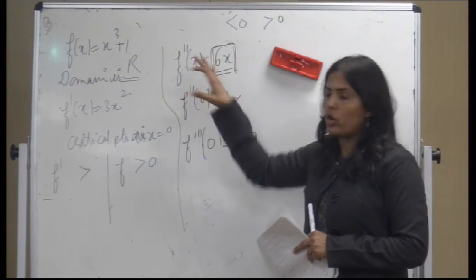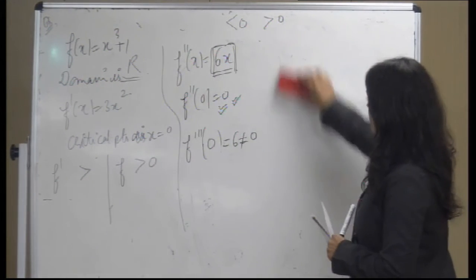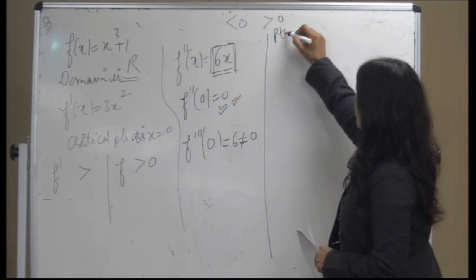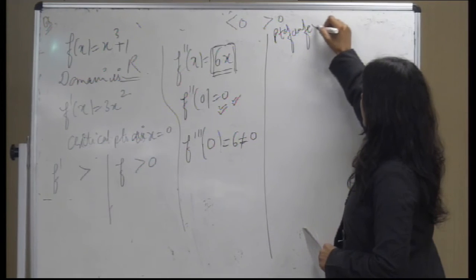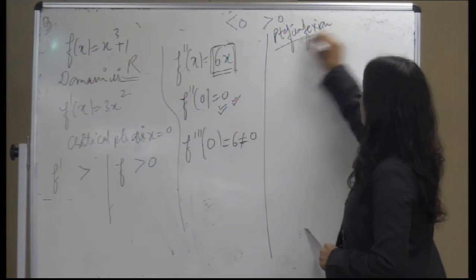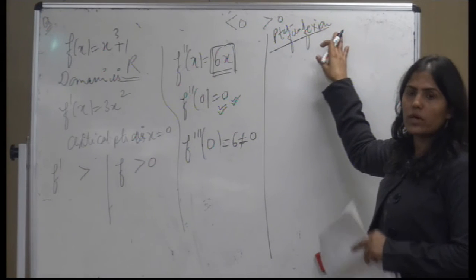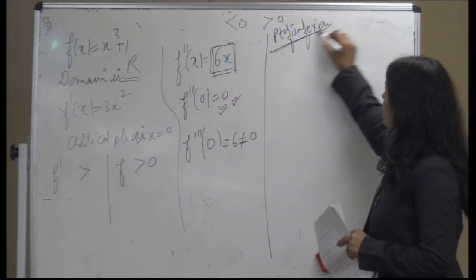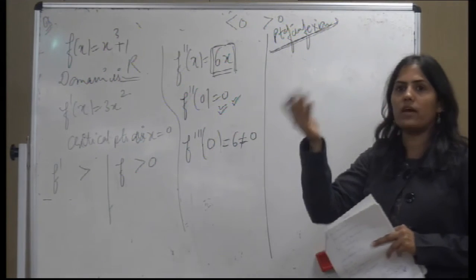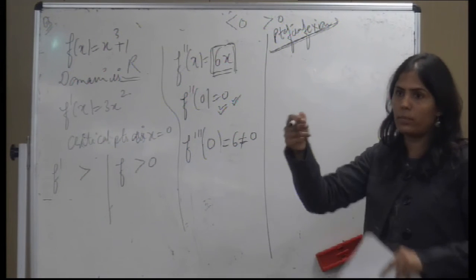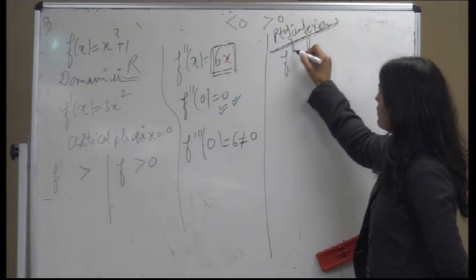Okay, so after this, side by side, I am telling you about the point of inflection. The point of inflection is the point where the function doesn't have a maximum value or a minimum value. When this situation occurs, please understand this.